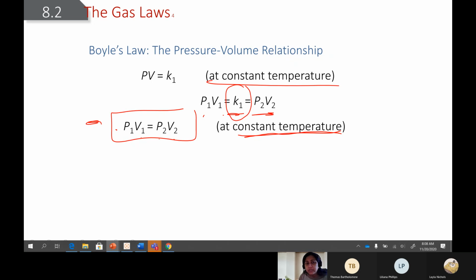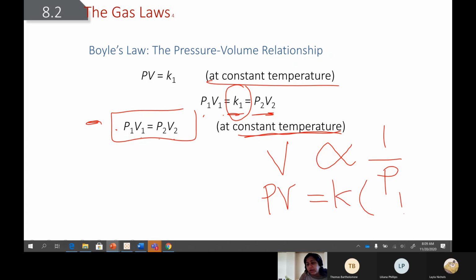So what does Boyle's law say? Boyle's law says the volume of a gas sample is inversely proportional to pressure. So we can apply a constant: PV equals a constant at constant temperature.